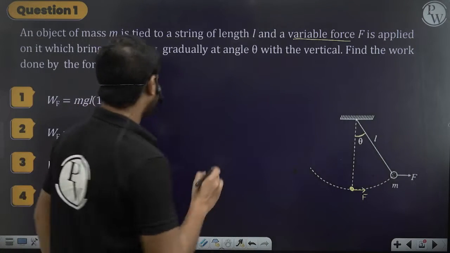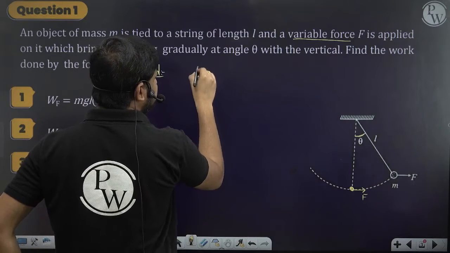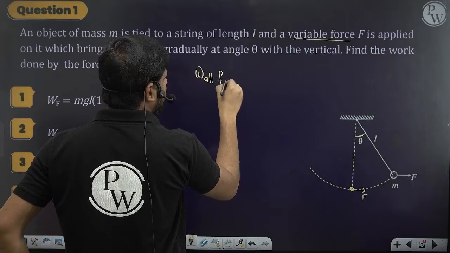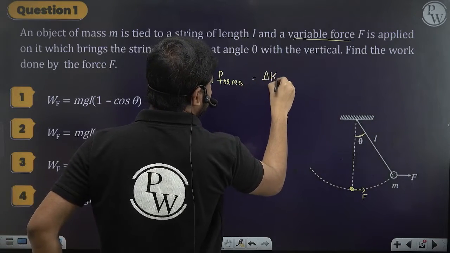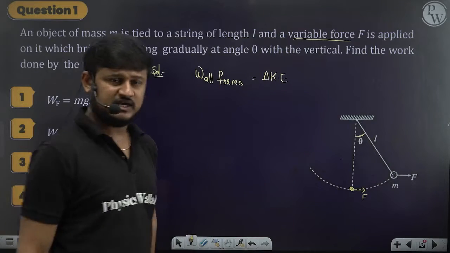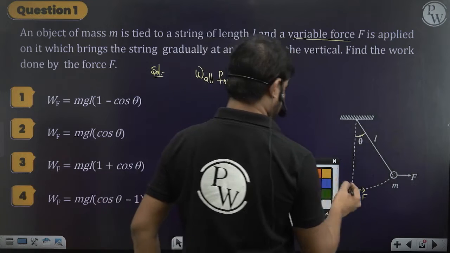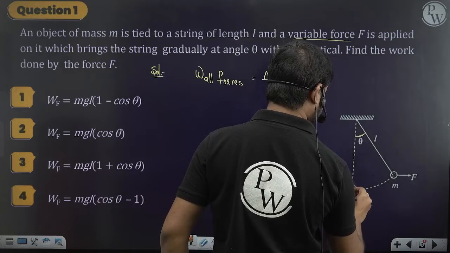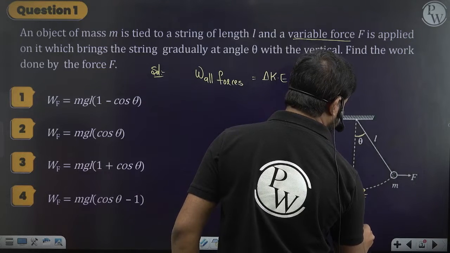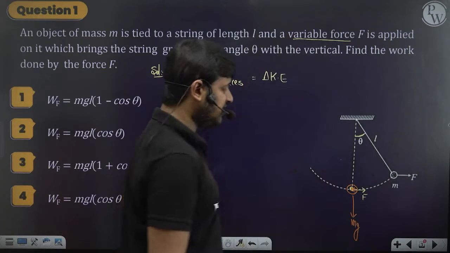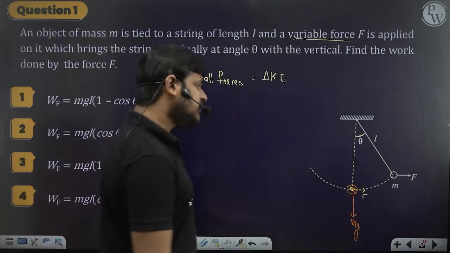Simple concept. I am going to use that the work done by all the forces is equal to the change in kinetic energy. First, what are all the forces acting here? Here is a mass m. The gravitational force mg acts downward, the applied force is towards the right, and there is one more force.